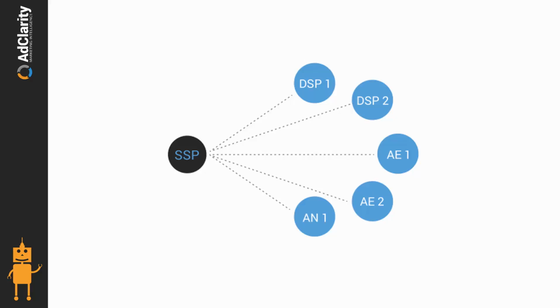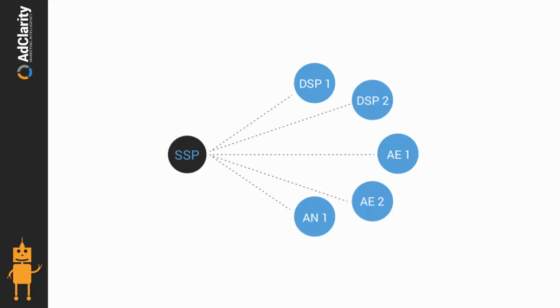If the SSP decides to send the request in a round robin manner, that means that each of these entities has a ranking based on priority. For example, the SSP could send the request to DSP1, and if the bid falls through, they'll send it to Ad Network 1. And it really depends what their order of preference is. Or they can send out the requests to all their partners simultaneously.